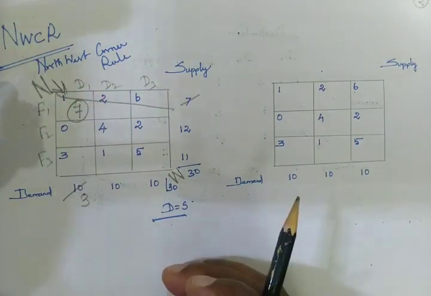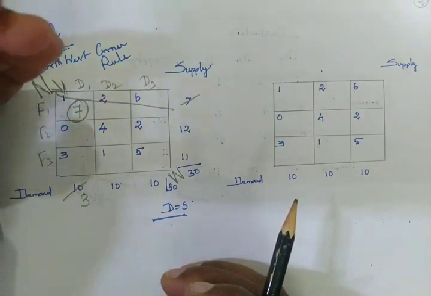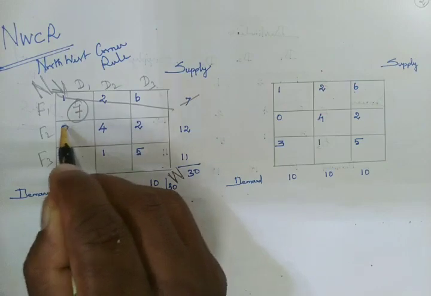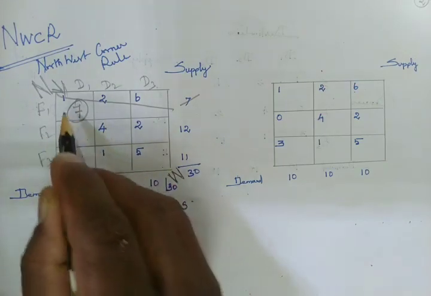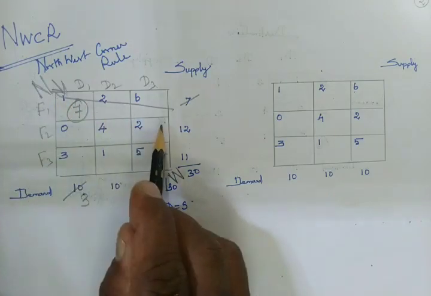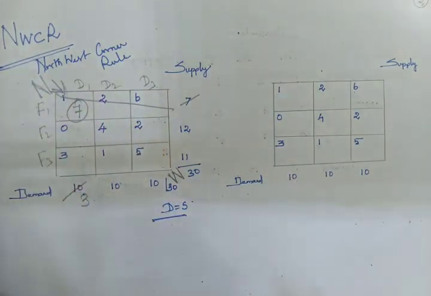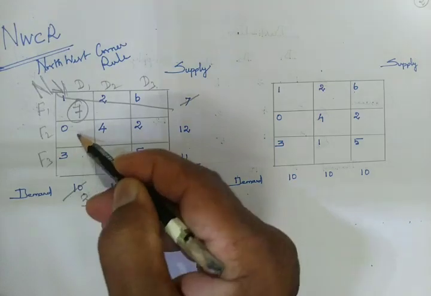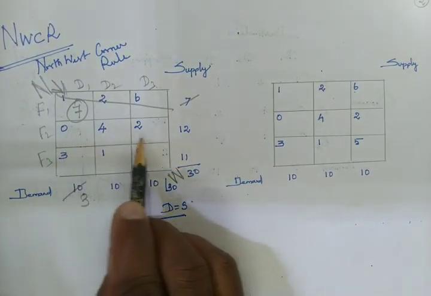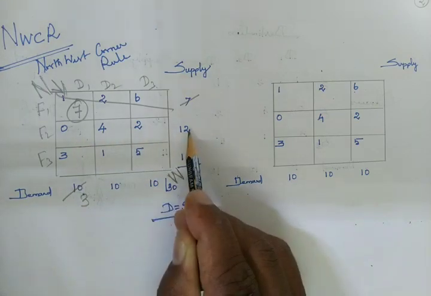You are coming from the north, which means you are going to consider that corner cell to you. Which is the corner to you? Here this is the corner, because this portion is removed. When you put a cross line, that indicates what? That part is removed. If you are coming to the corner, again the corner will come, what? 0. Now first you are going to see the destination demand, then you are going to check the corresponding factory's available level.